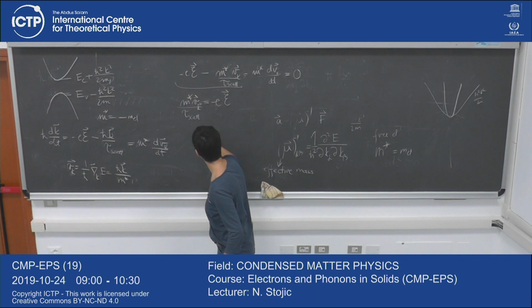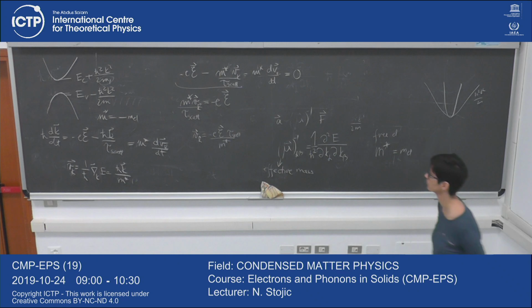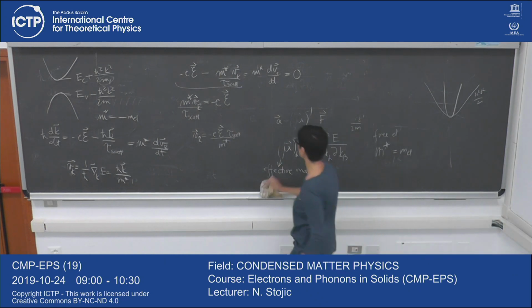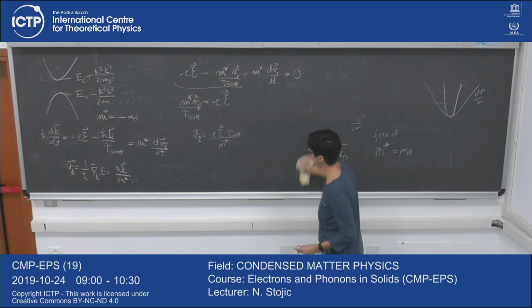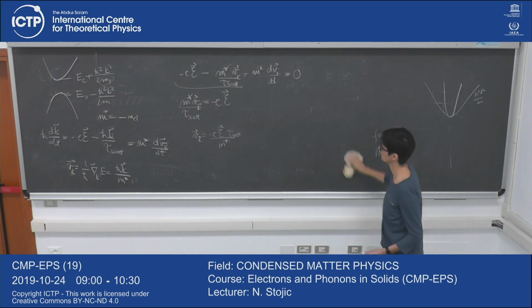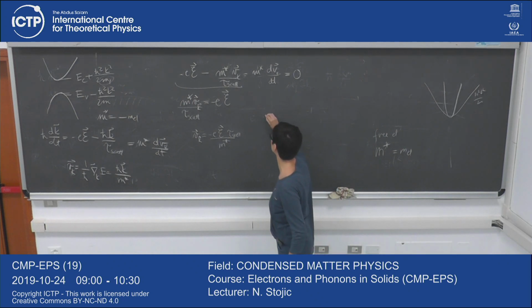So I can express the velocity as minus E, scattering time, and the effective mass. So for the electrons, let's put electrons first, and for the holes.